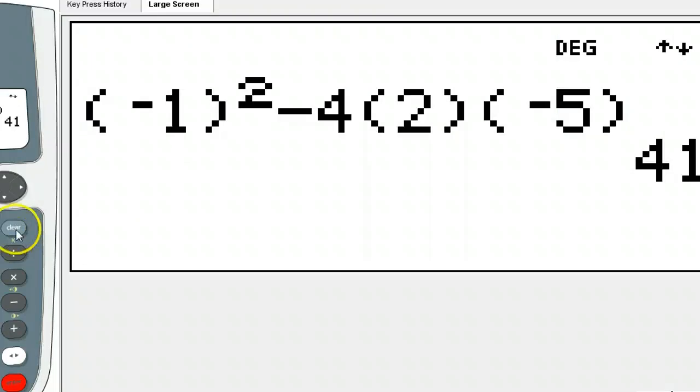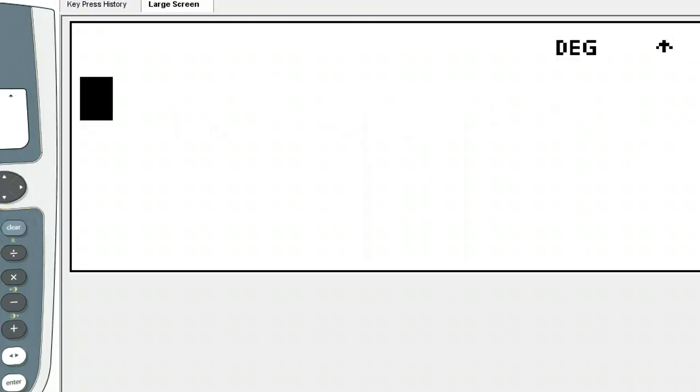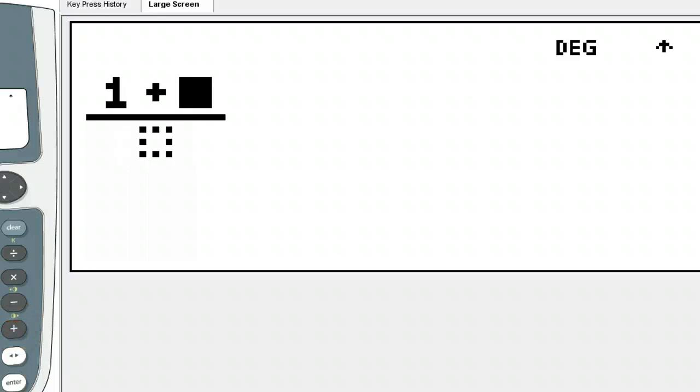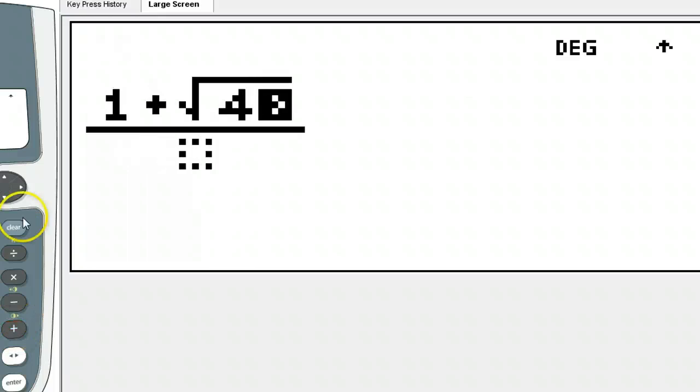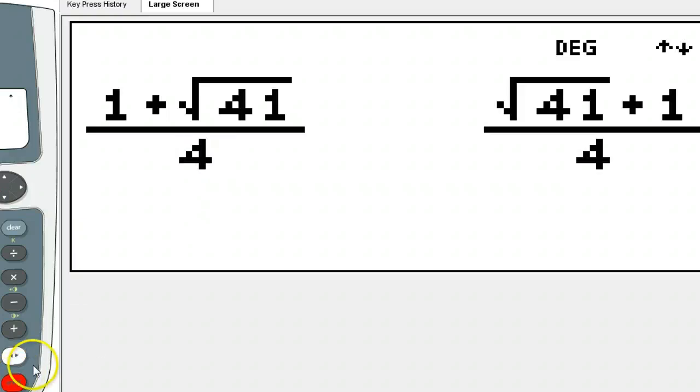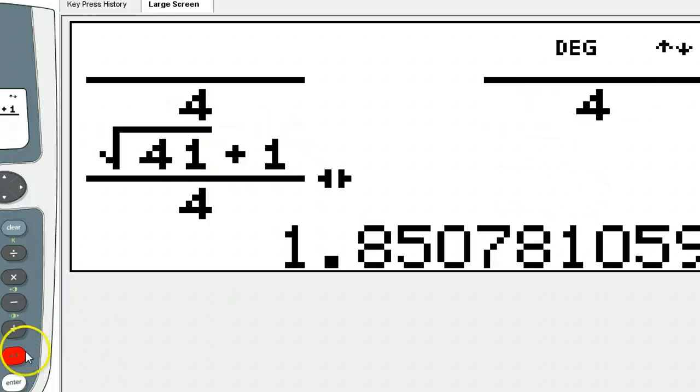So 1 plus radical 41 over 4. Go into fraction mode right away. At first they just give us the same thing over again, but hit the toggle key to force the decimal. Let's do 2 decimal places, so let's say 1.85.